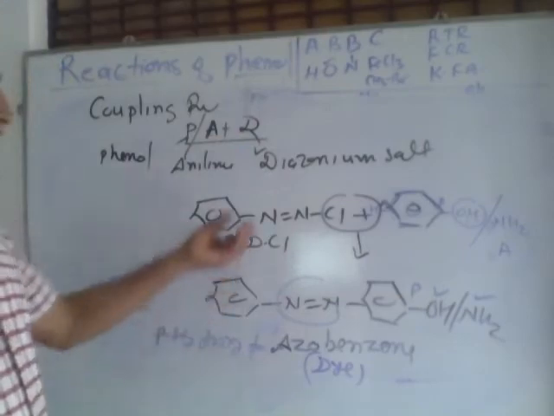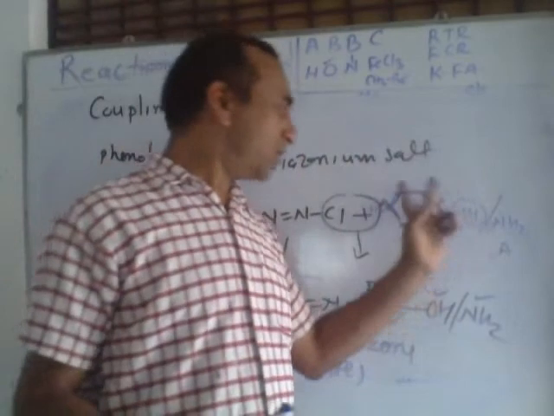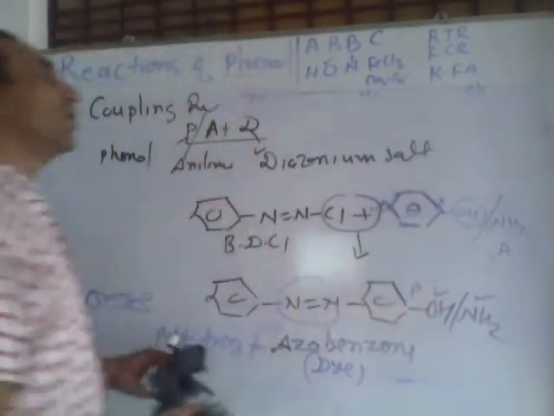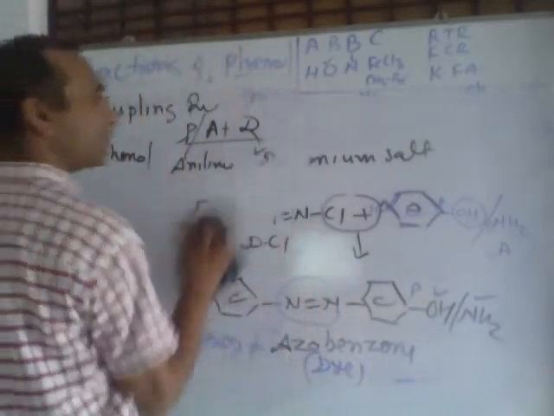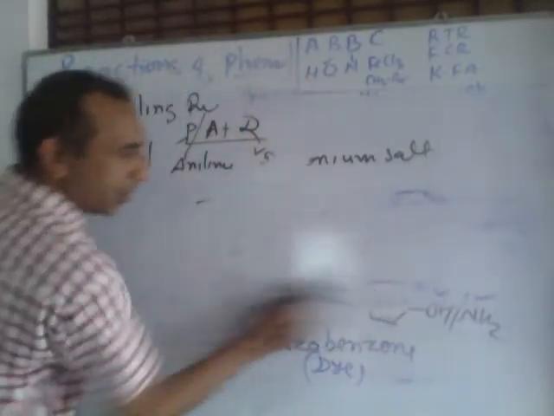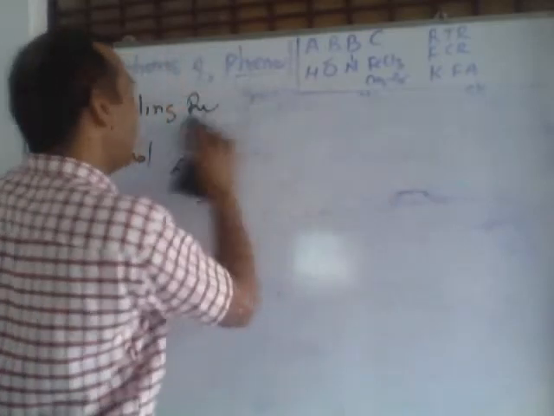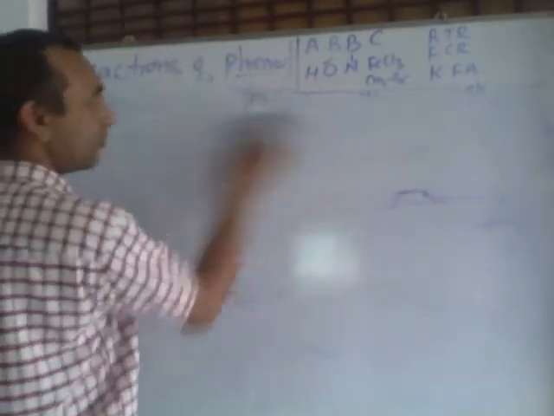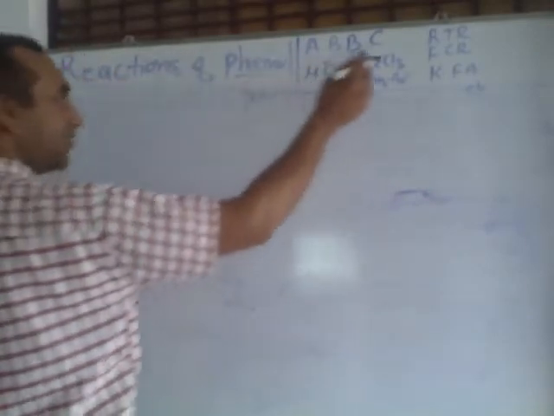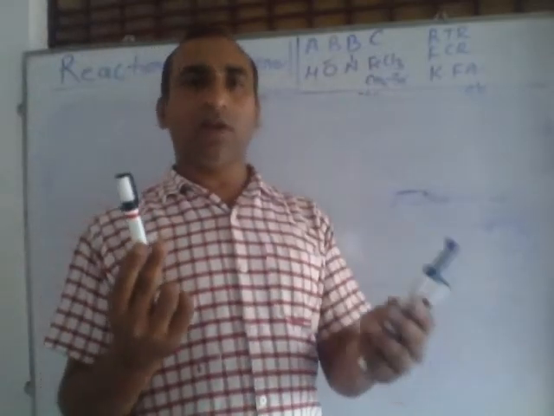This reaction is also used as a test of phenol or aniline, but both give this reaction. So in coupling reaction you can use phenol, otherwise aniline, with BDC, and after the reaction para hydroxy, otherwise para amino azobenzene is formed.